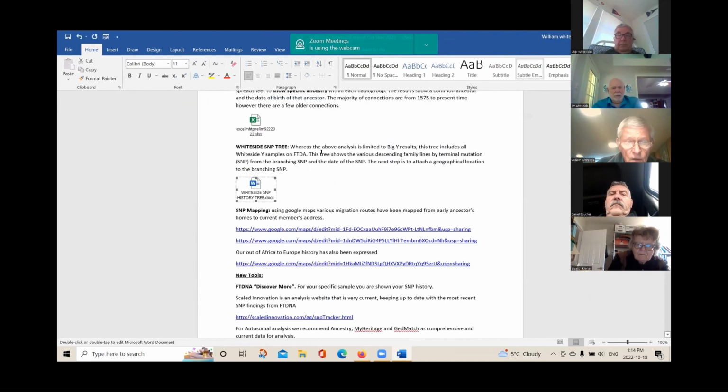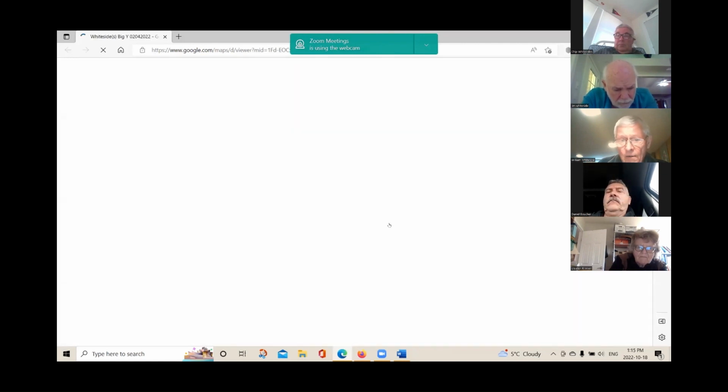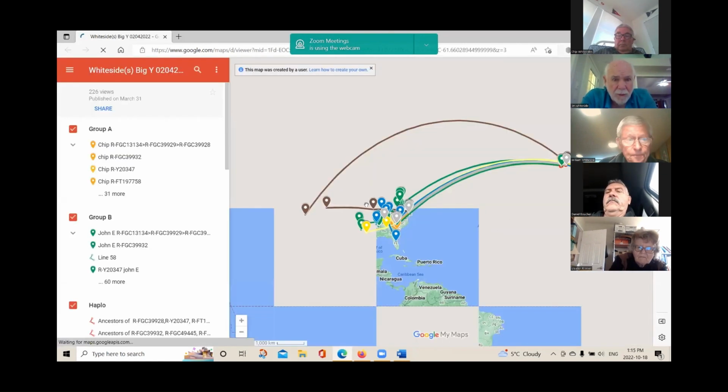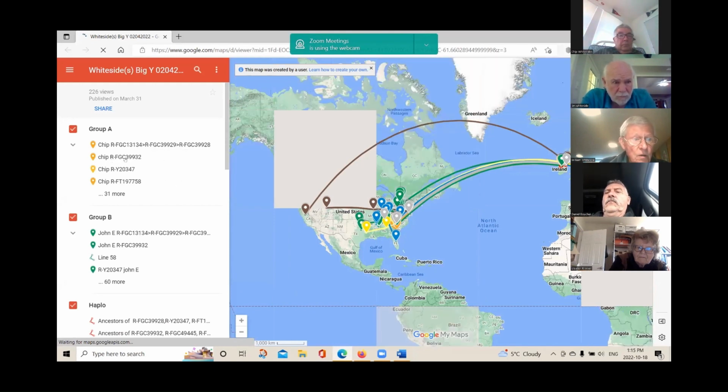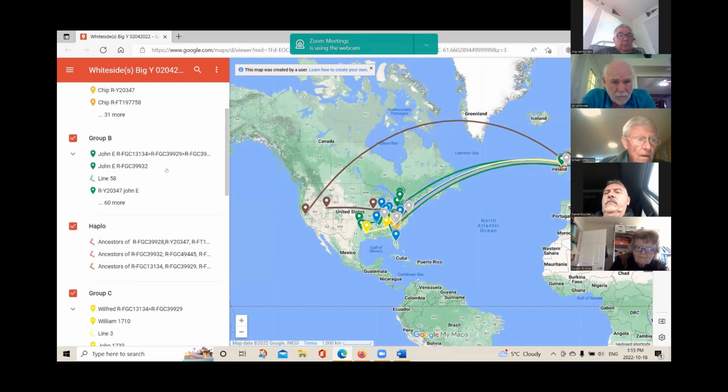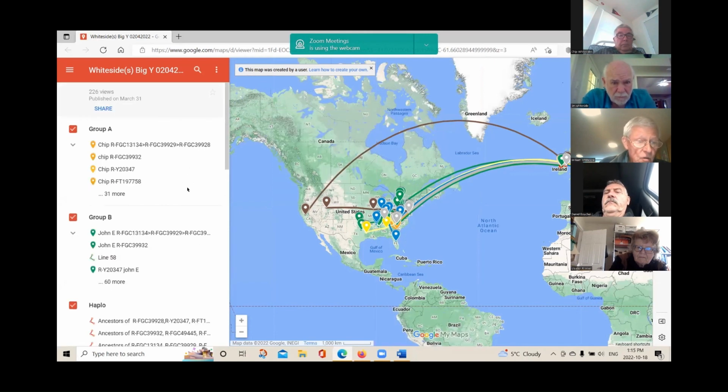The third chart that I want to reference, and there are maps, and there are three maps here. The maps are very complicated. Chip has done all of this mapping work. The maps have various groupings, but this one you can see is by different family.